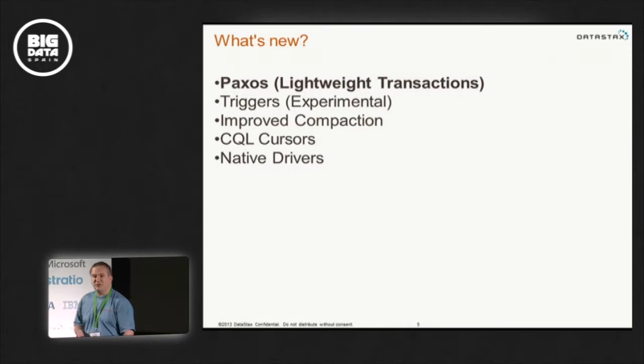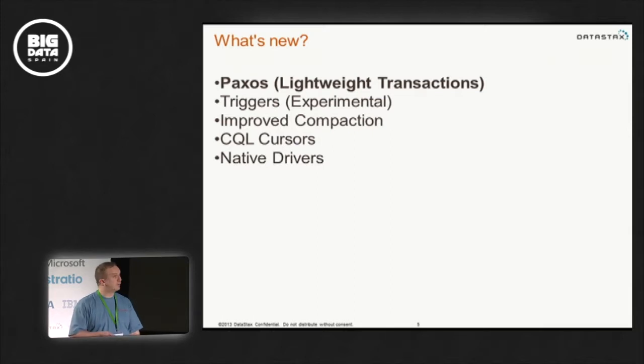So anyway, what am I going to talk to you about? There are 4 new features in 2.0 that are of most interest. We've implemented what they call lightweight transactions. It's basically check and set. It uses something called Paxos as a model of approach to do that.